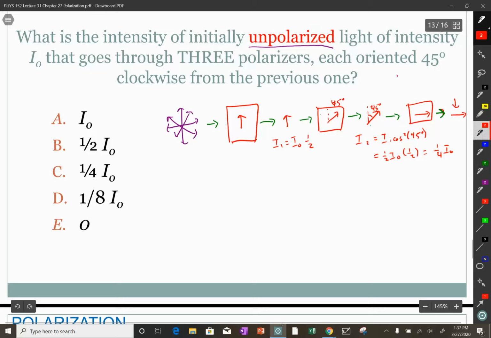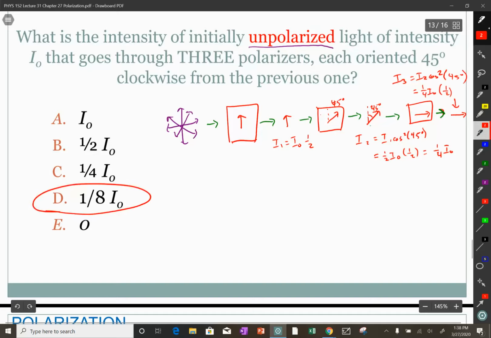And I have I3 equals I2 cosine squared of, and what's the angle here? From 45 to 90 is 45 degrees. So that's going to be 1/4 I0, which is what I2 was, times cosine squared of 45, which is 1/2. So my answer is 1/4 times 1/2, which is 1/8.